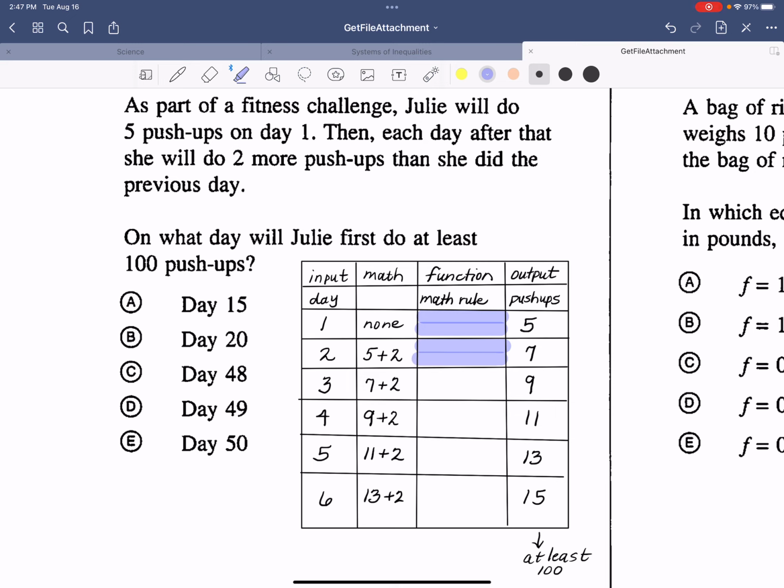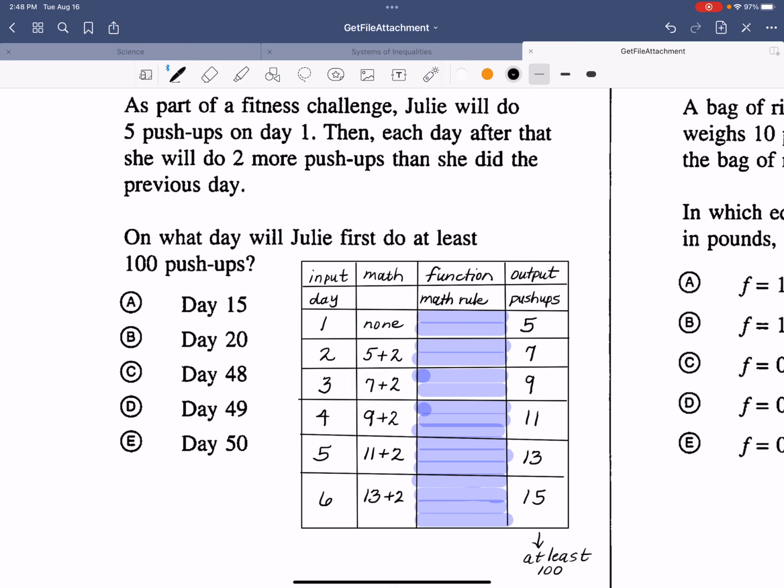And the key to this is that it must be the same rule all the way down. So if it works in the top cell, it has to work all the way down. If it doesn't work, it's not a function and it will not help us. We have to have a hard and fast rule that will work. So we have to come up with that. We have to figure out the rule.